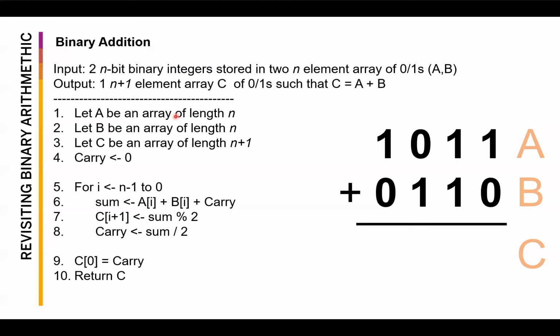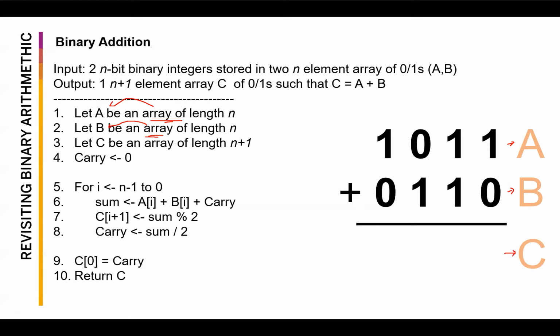We assign an array of length n to A, and we assign the second array to B. In this case, ito na yun. And then we have an empty array C, which is of length n plus 1.